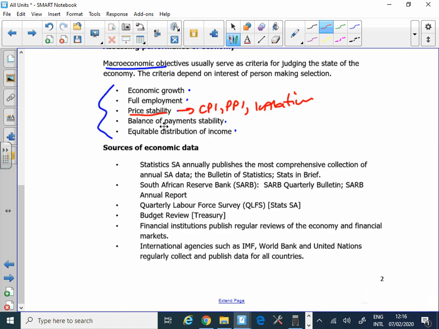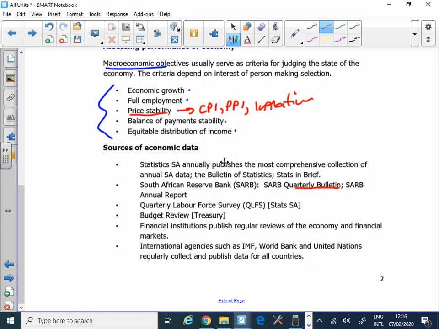In order to do all this, where are we going to get our data? We've already mentioned in our introduction session the South African Reserve Bank. The information that we have, the tables, we get from the quarterly bulletin of the South African Reserve Bank. There is also an annual report. So where else can we get that?